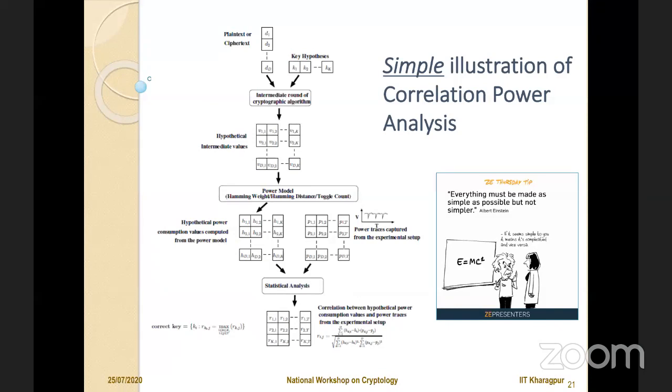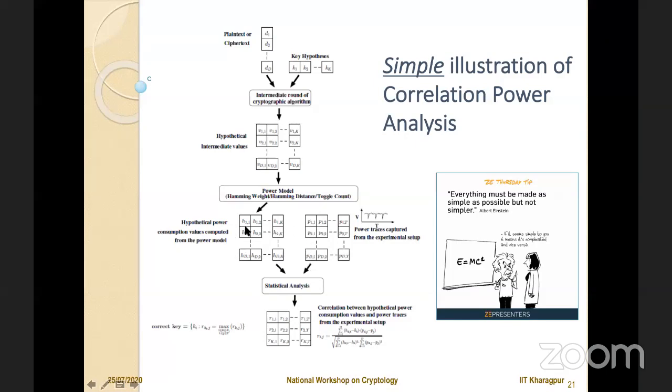To observe that, you compute a matrix called the correlation matrix. Suppose I take R11. R11 is the correlation of the first column of your hypothetical matrix, which is H11, H21, likewise to HD1, with the first column of your real power matrix, which is P11, P21 till PD1.